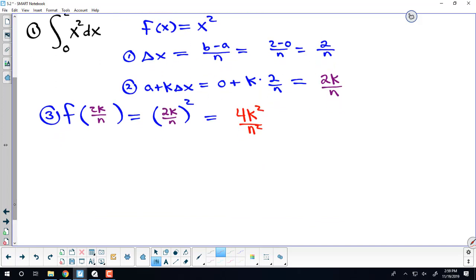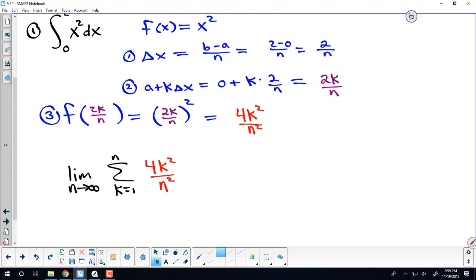We're just constructing the sum from k equals 1 to n, and then we're going to let n go to infinity. The 4k squared over n squared needs to be summed.